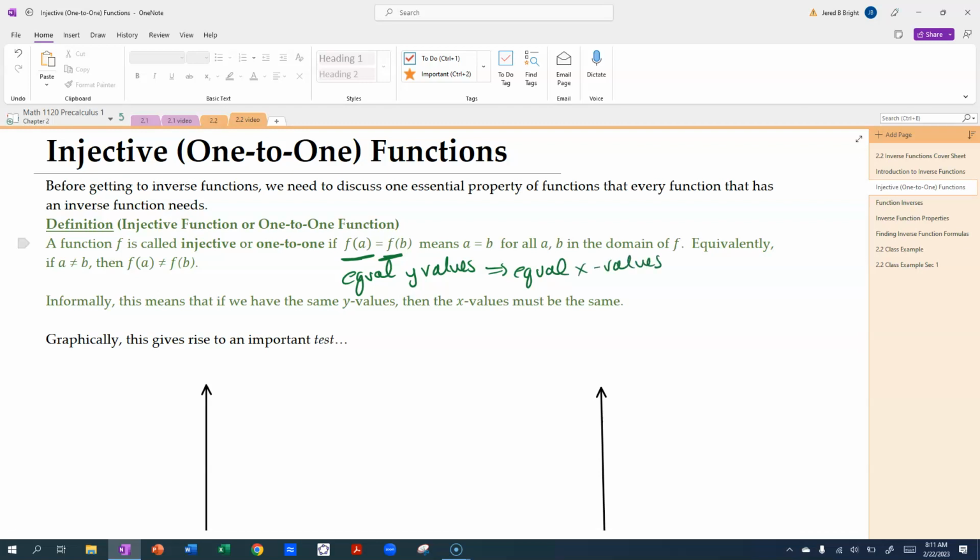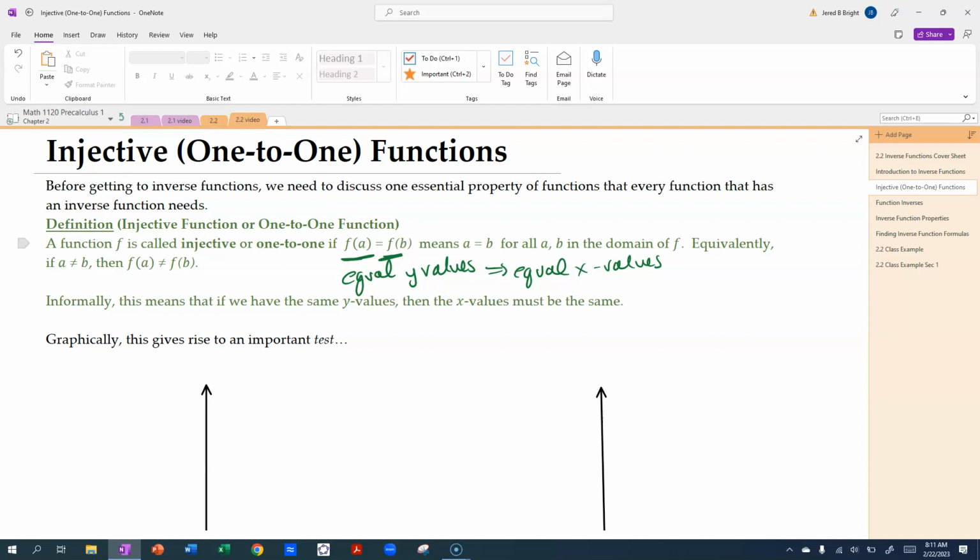In other words, if we're at a certain y value, the x values that we have must be the same as well. It's called one-to-one because it gives you this idea that at every x there's exactly one y and there's no other y's there.